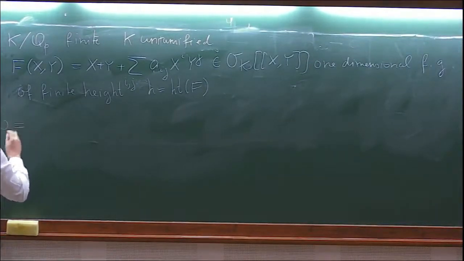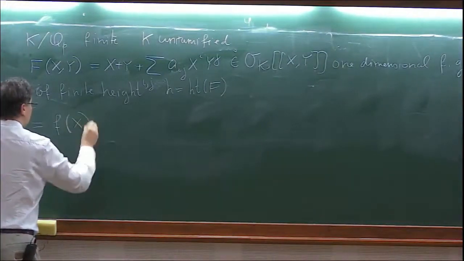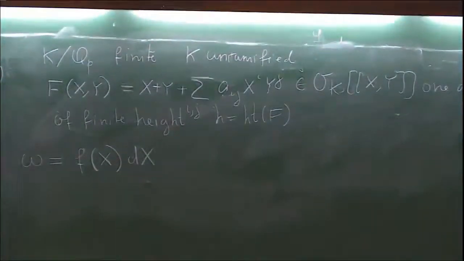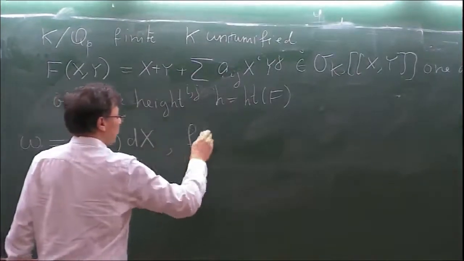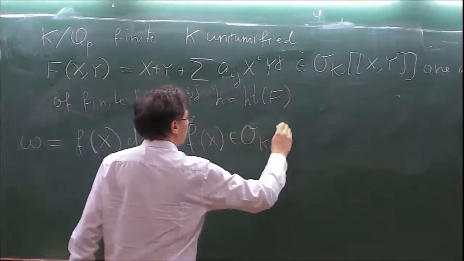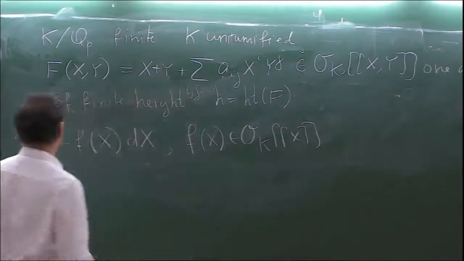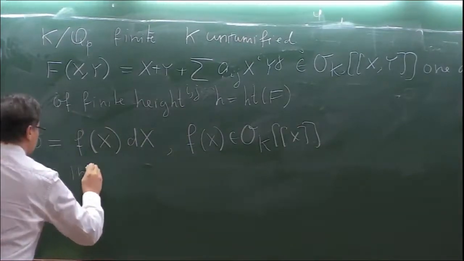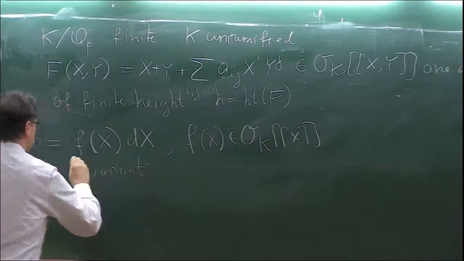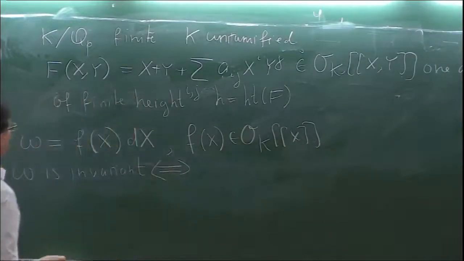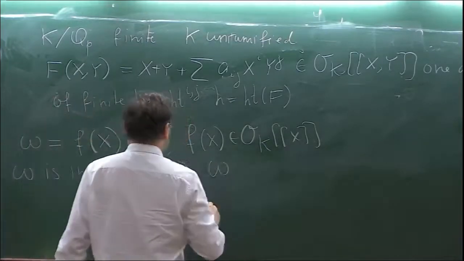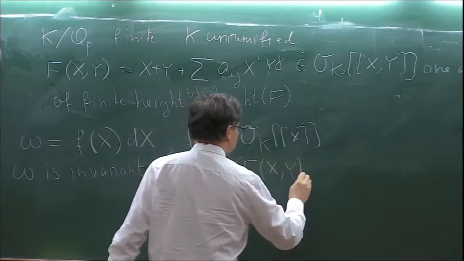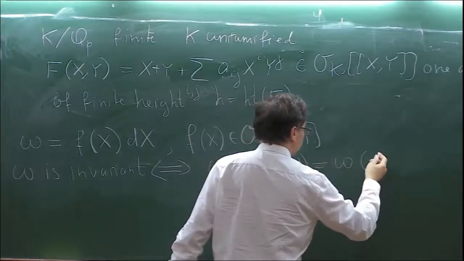We will consider differentials on F, which are power series, differential forms of this type, where F is a power series with coefficients in K. And we will say that omega is invariant if and only if it satisfies the natural property that omega of f(x, y) is equal to omega x.